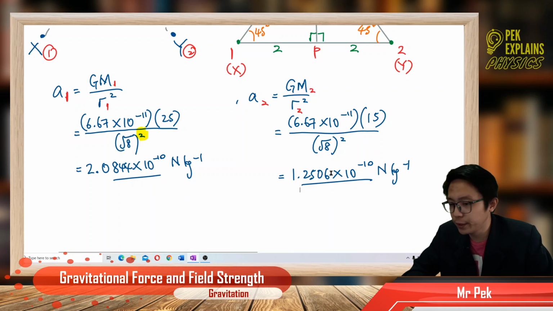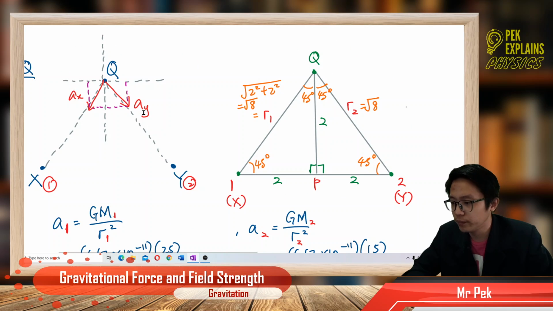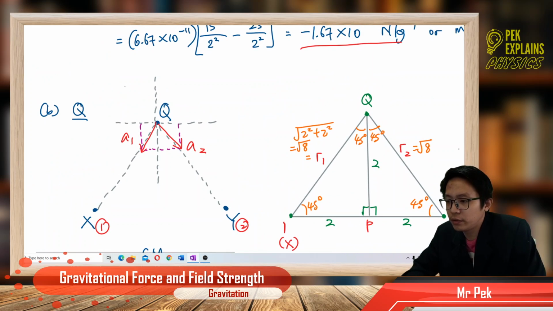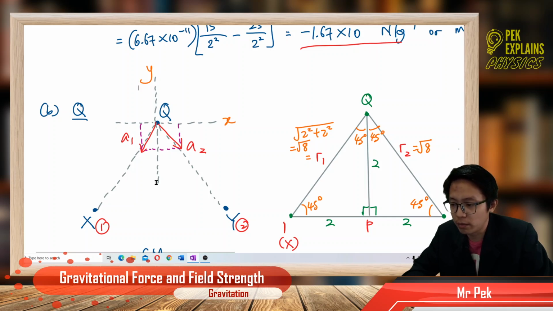Now, we got the A1 and A2. Now we can resolve into x and y components. That's why I don't put this as x and y, because we have x and y components. We would get confused.